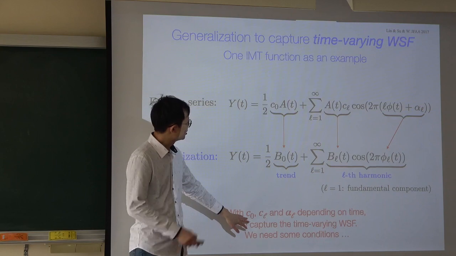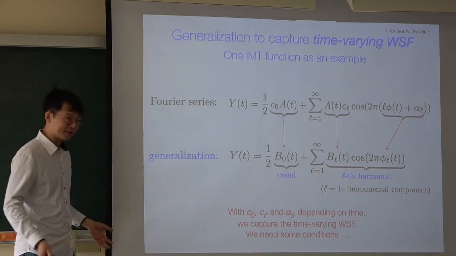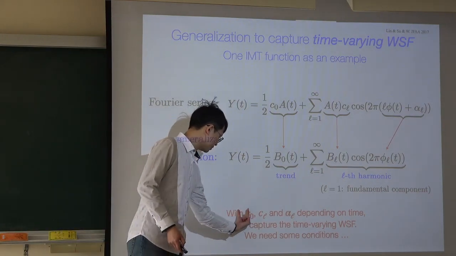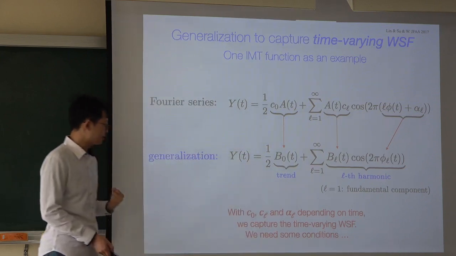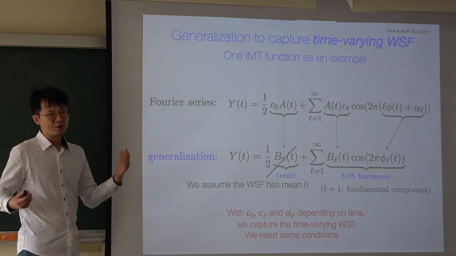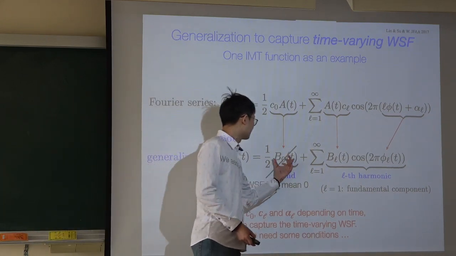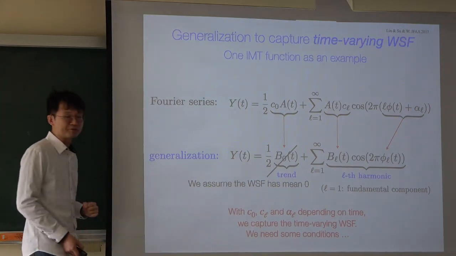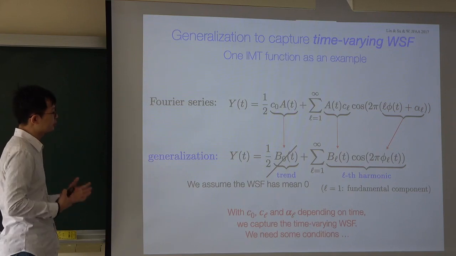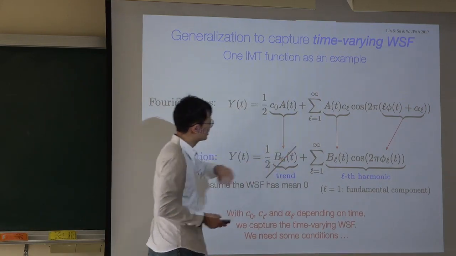The summary is, we have C0, CLO, and alpha LO. We want them to depend on time, so that they can capture the time-varying wave shape function. And in practice, for the identifiability issue, we usually just assume the wave shape function has mean 0. Otherwise, we may have contamination between the wave shape function and the trend. So we can just remove this part.